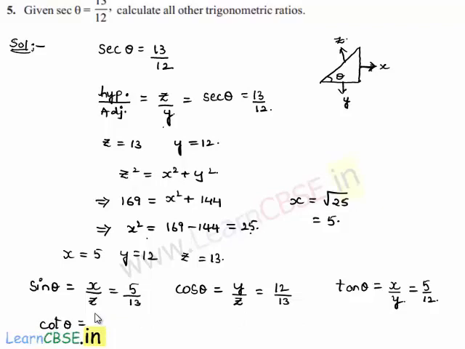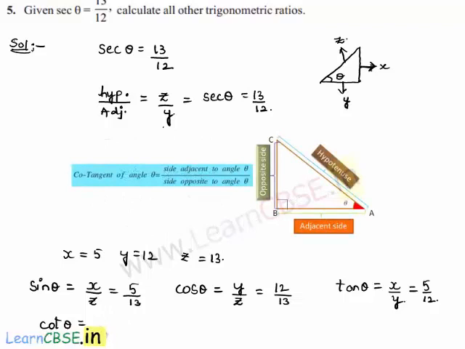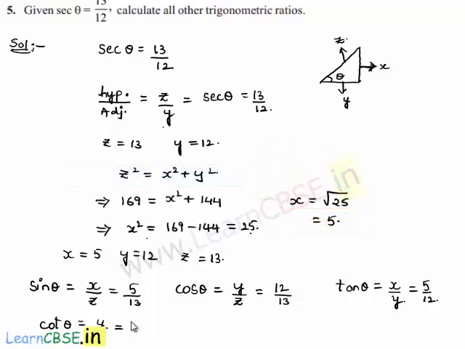which is equal to, we know that cot of an angle is equal to its adjacent side by opposite side. Here the adjacent side is y and the opposite side is x, which will be equal to y is 12 and x is 5.